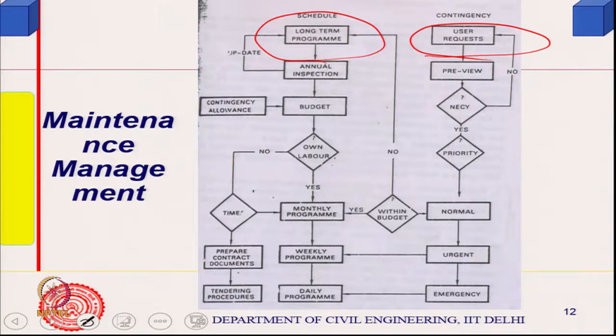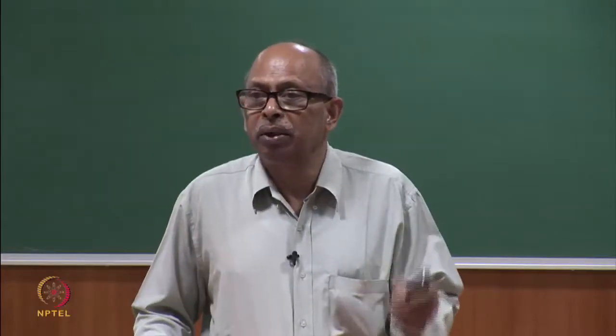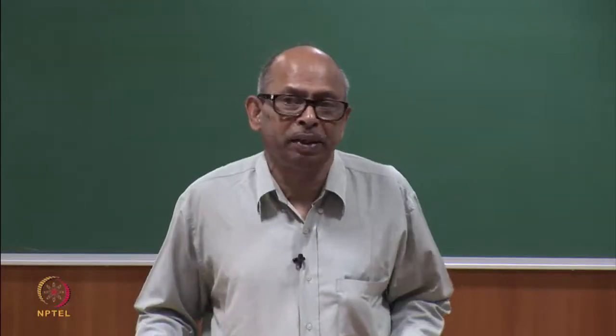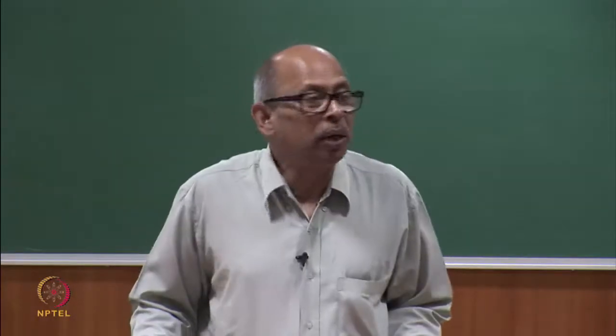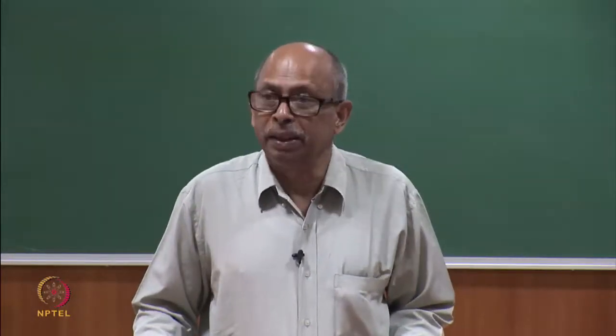So, I have a program every 5 years, as I said, 0 to 60 years, 0 to 5, 5 to 10, 10 to 15, etc., for each building, and for a given estate, for every building I have the record. So, I know at which year it is.